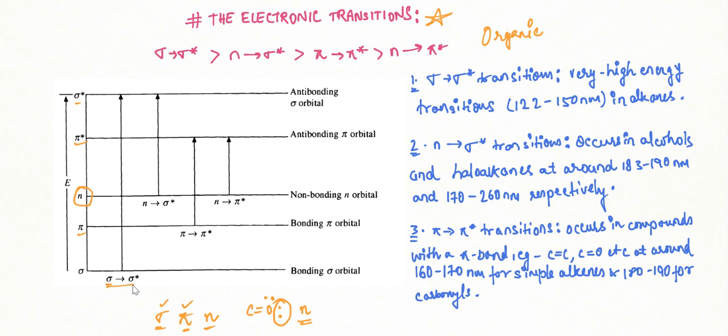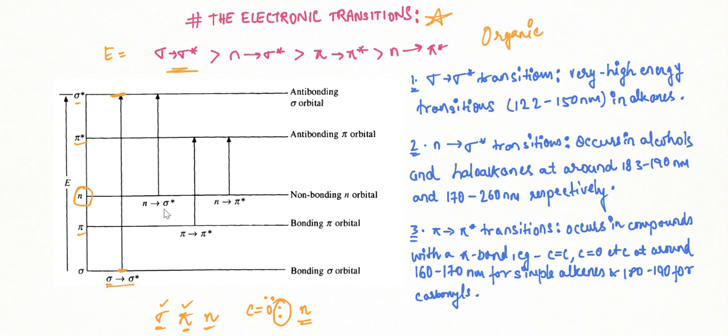One is our sigma to sigma star transition, where the electronic transition happens from the sigma to the sigma star level, and as we can see, this is the longest line, which means this is the highest energy transition.